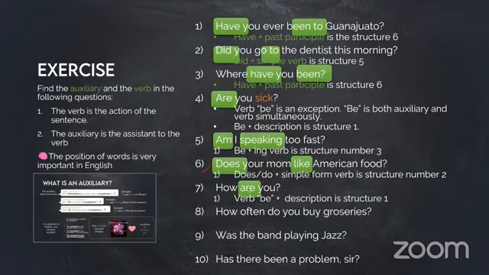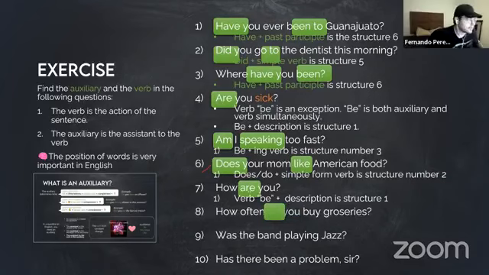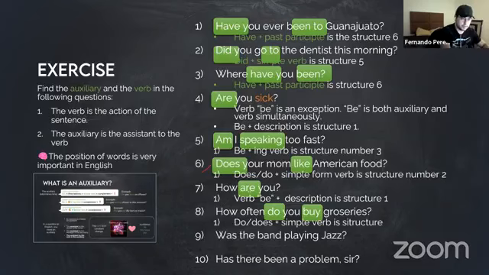Correct. And the verb is buy. Yes, of course. Correct. Here we are speaking about formula or structure number 2. Do and does, the simple verb, structure 2.